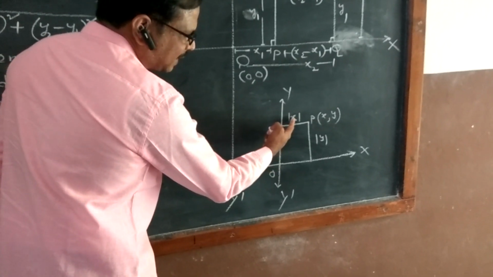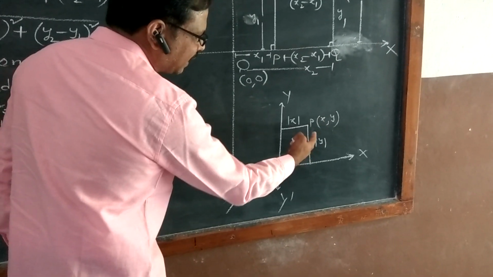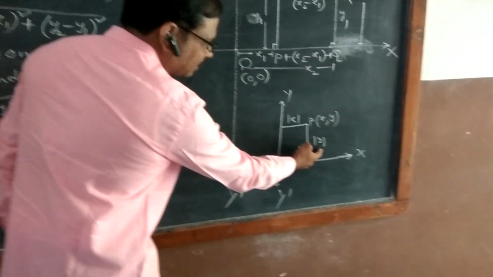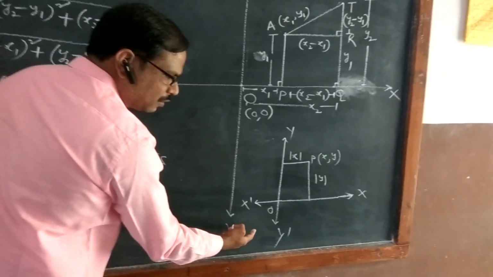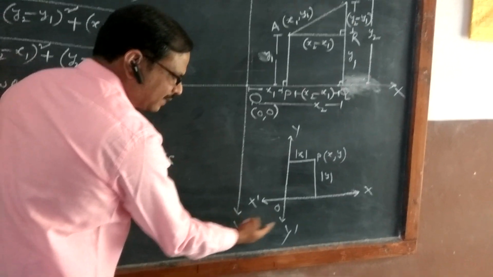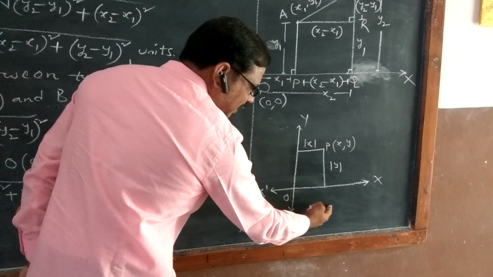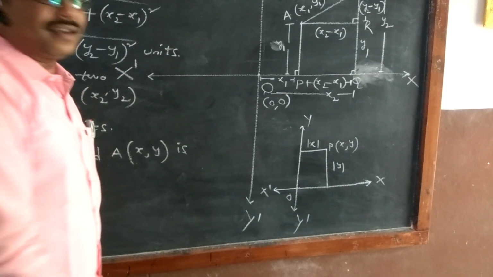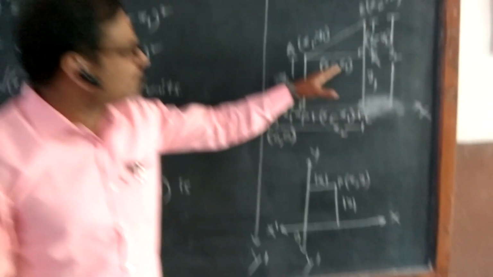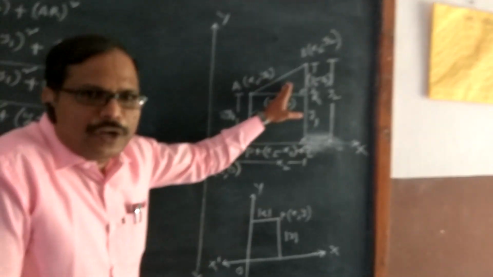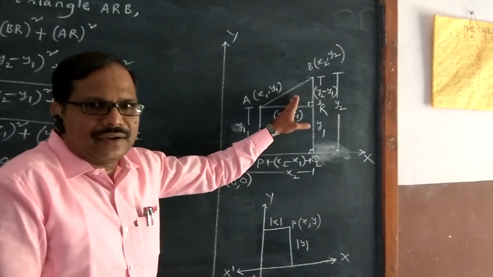Since it is the first quadrant, we can take both positive. In the second quadrant, negative, positive. Third quadrant, both negative. Fourth quadrant, positive, negative. Using this concept, I found the distance between two points in the coordinate plane.